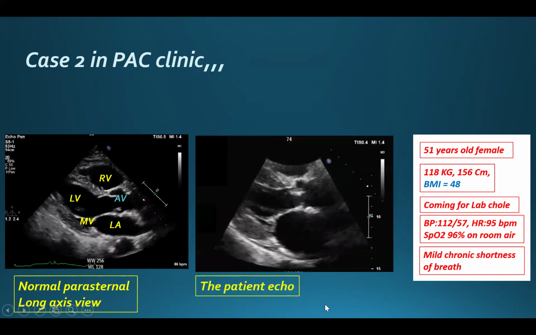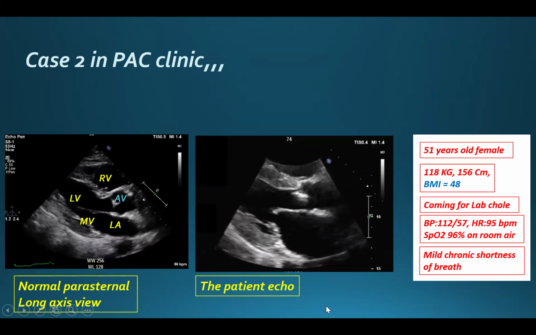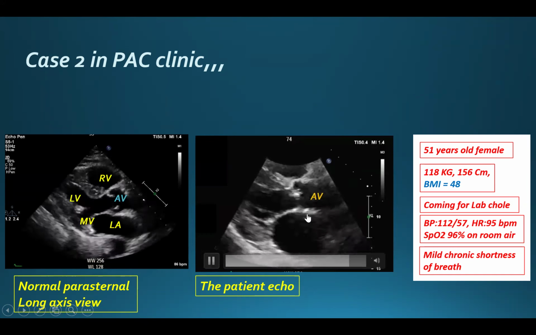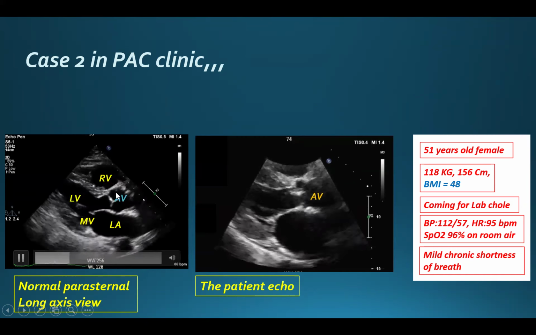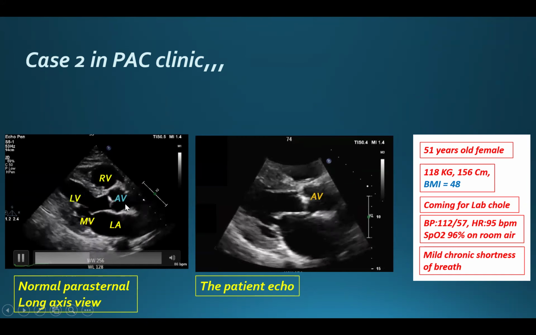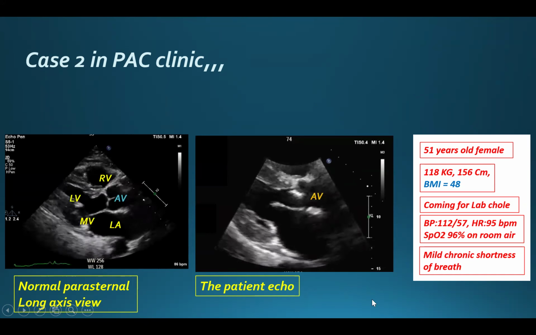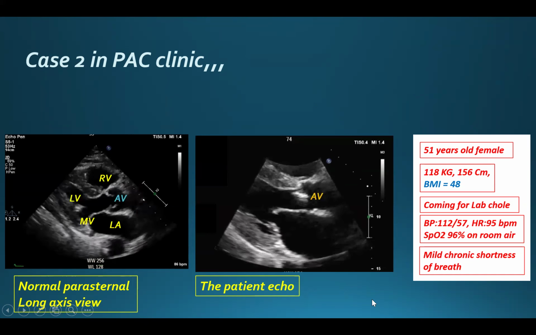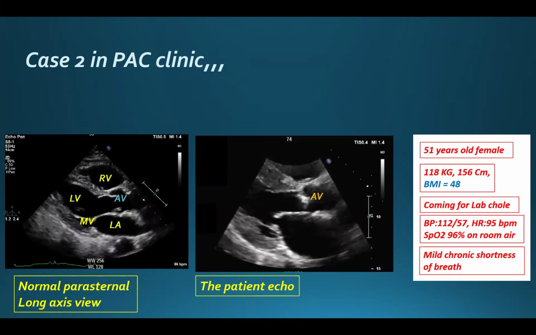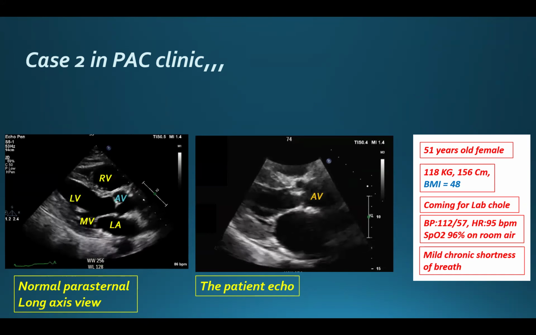By looking at the patient's echo, you can appreciate that the aortic valve of the patient is totally different from the aortic valve on the left side of the screen, the normal one. What is the difference? It is calcific, thickened, and not opening well. There is limitation of mobility.